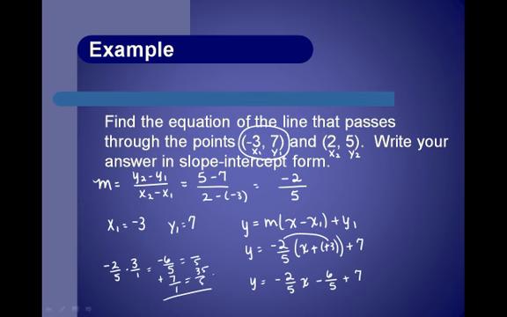So this one becomes 35/5. This one stays negative 6/5. So we've got negative 6/5 plus 35/5, which would give us 29/5. So our slope-intercept form would be y equals negative 2/5 x plus 29/5.